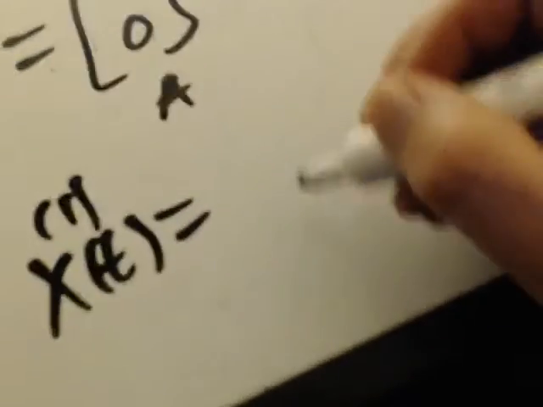With this being the case, I can then write that x1 of t is equal to, so we go ahead and start writing it out. It's e to the alpha t, so alpha is minus 1.